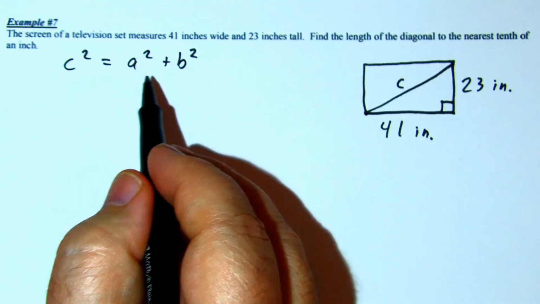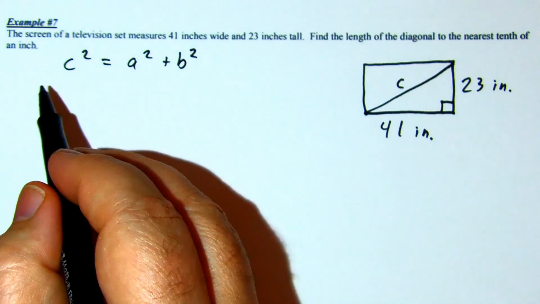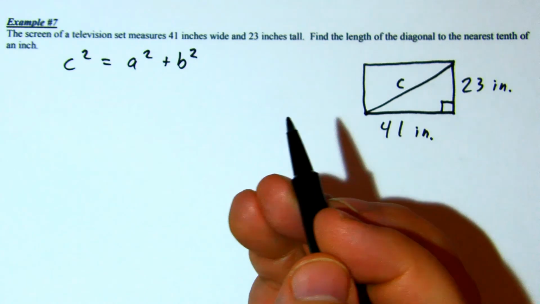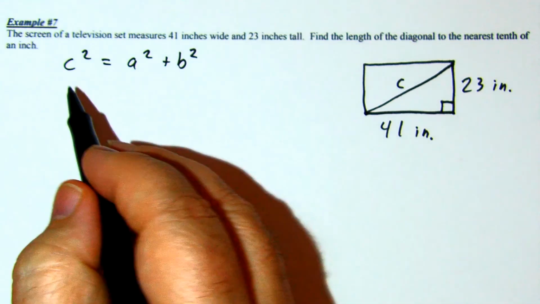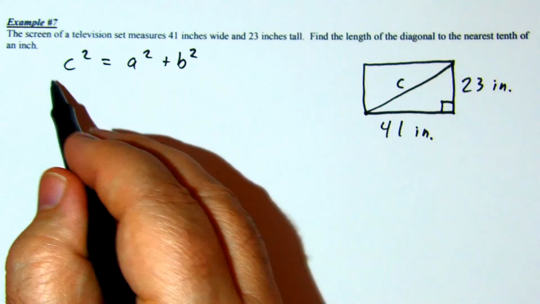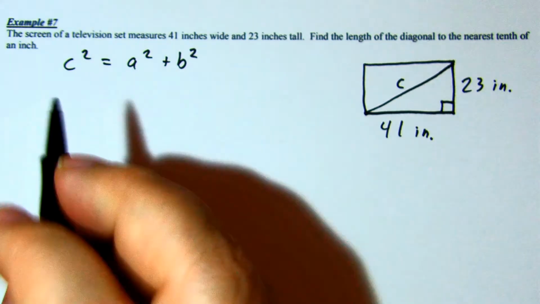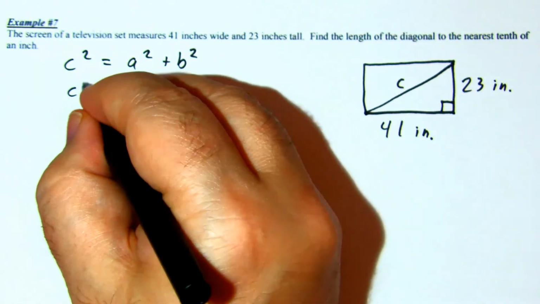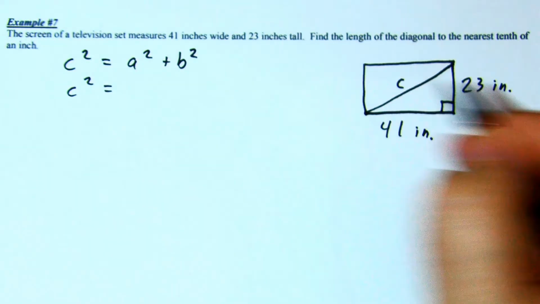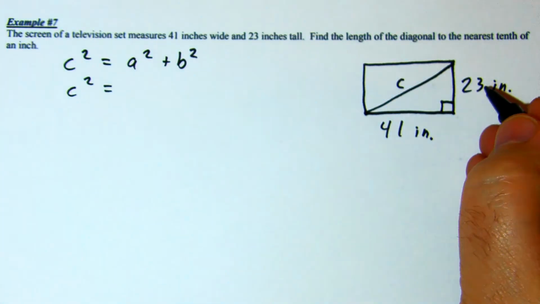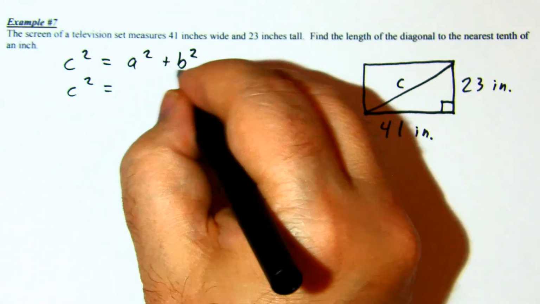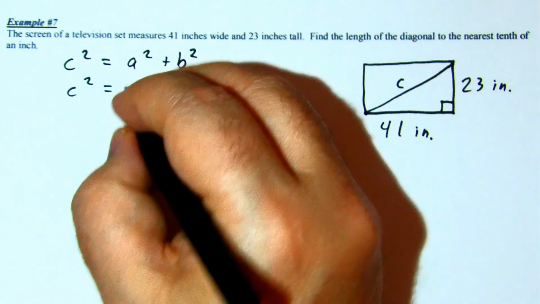Whether the a squared plus b squared is on the left or right actually doesn't matter. You can get the correct answer either way, but we often like to have the variable that we're looking for, the unknown, on the left. Substituting, it doesn't matter which of these two legs I call a and which I call b, as long as they're both the two legs in our formula.